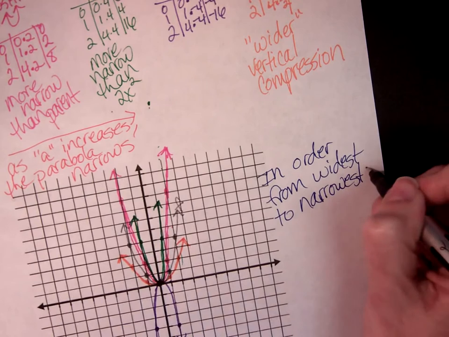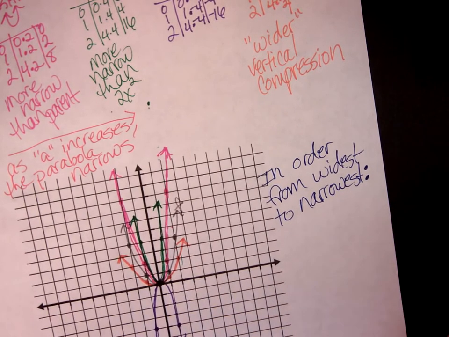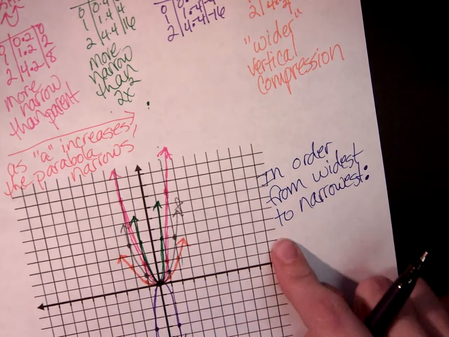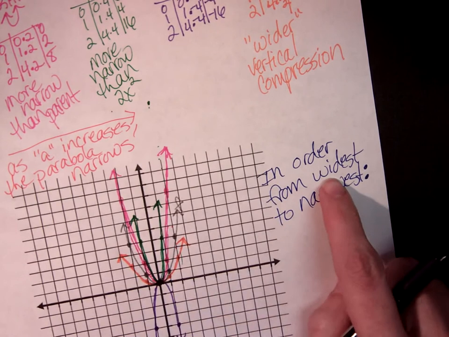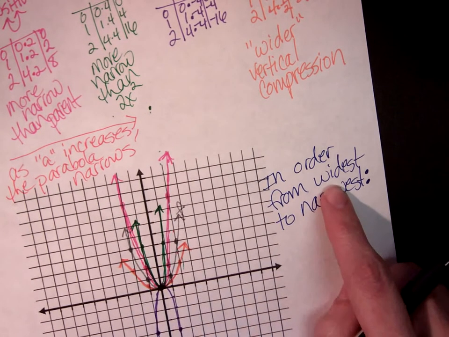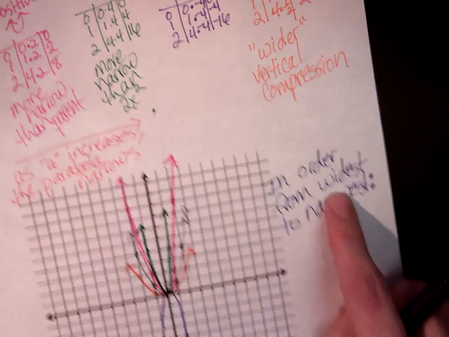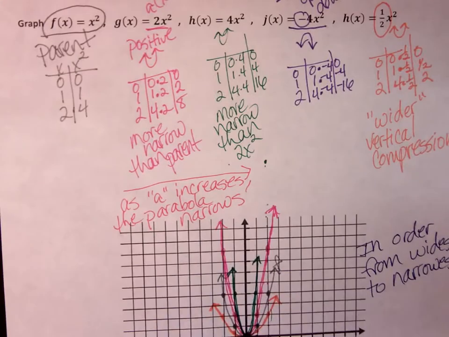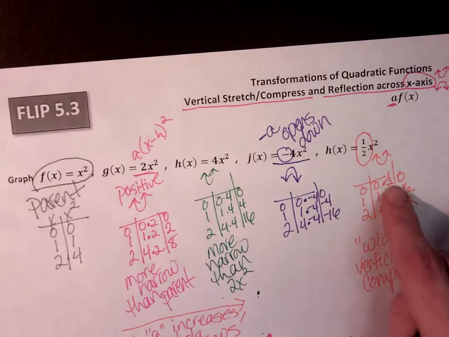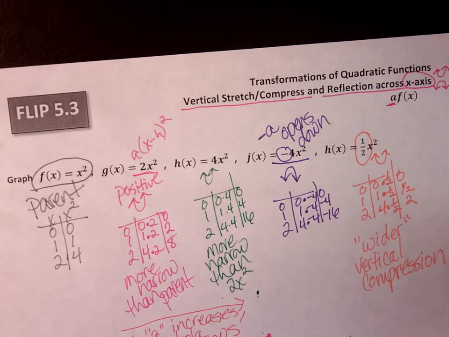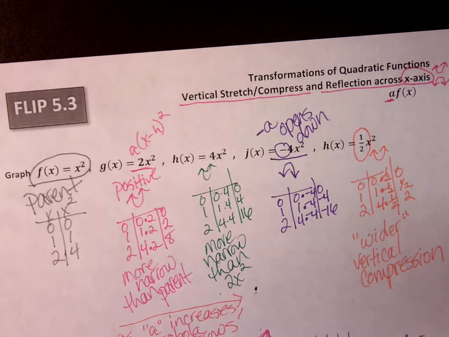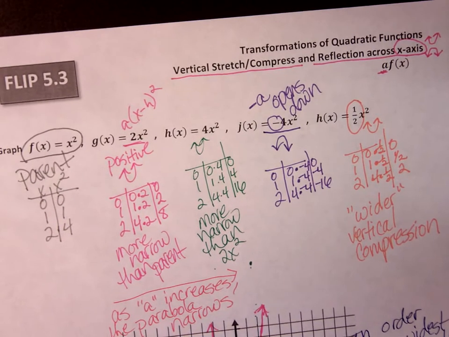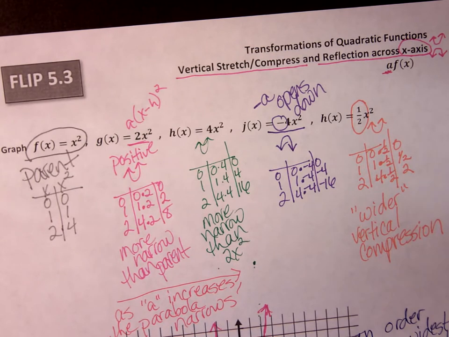Okay? So if I list these in order from widest to narrowest, the widest parabola is going to have the smallest a value. So when I look back through my list, it's easy to see in the picture, well, the wide one's the orange one. So if I come back up here, that's h. And then the next widest, when I look at my numbers, remember there's a 1 right here.